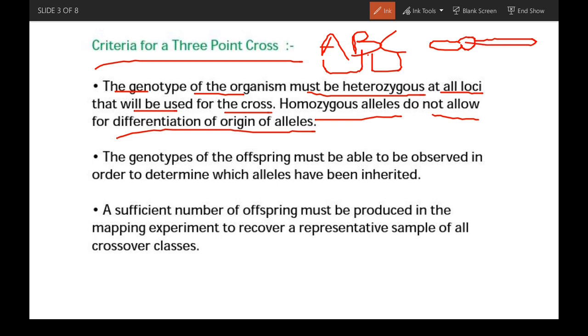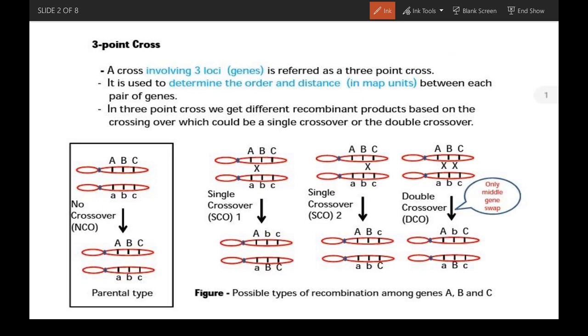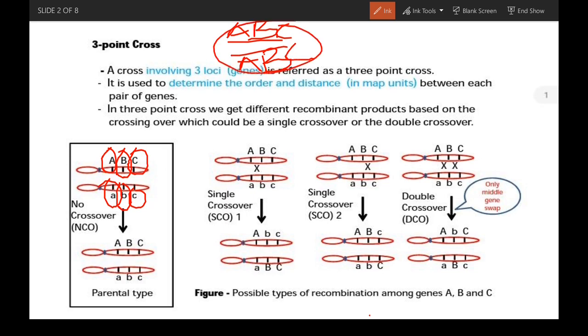For example, let's see the earlier one again. It is heterozygous. Of course, there is capital A, small b, so it is heterozygous. Again, this one capital B, small b, so of course it is heterozygous. Capital C, small c. If it were homozygous, like if the lower one also had capital A, capital B, and capital C, then it would be a homozygous condition.